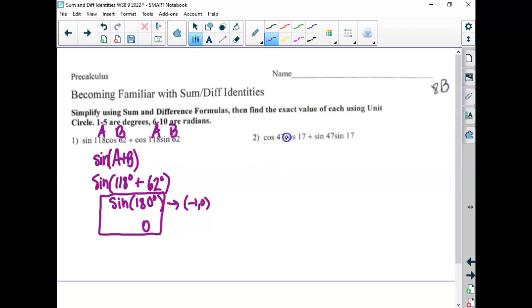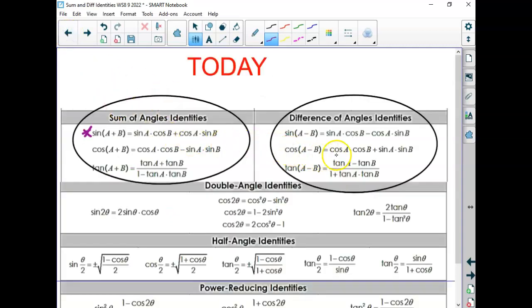Sorry. This one says cosine A cosine B plus sine A sine B. Maybe, is there one that looks like that? Cosine, cosine plus sine, sine. Does that look like this one down here? Cosine of A minus B. Everybody see what I'm pointing at here?